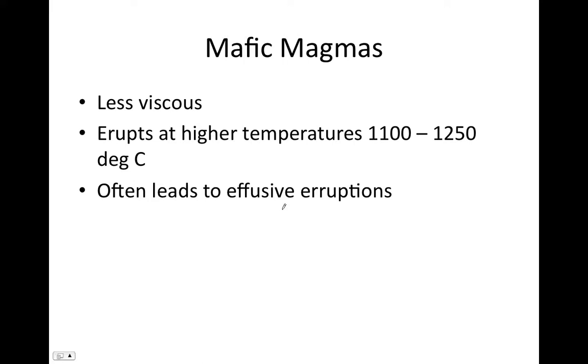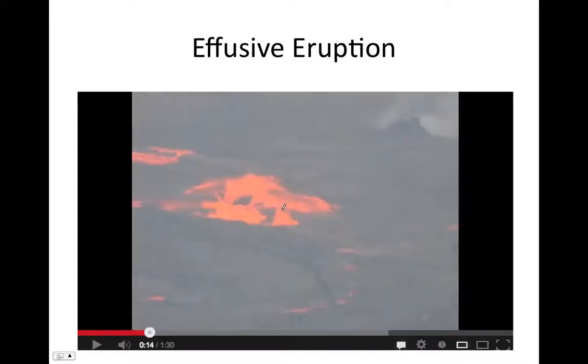Mafic magmas, on the other hand, being less viscous, and they erupt at temperatures much higher, 1100 to 1250 degrees centigrade, they often lead to effusive or peaceful eruptions. So this video is an example of an effusive or peaceful eruption in Hawaii, where we don't have any explosions, we just have lava kind of spewing out, like a water fountain. So you can download the PowerPoints and look at this hyperlink as well.